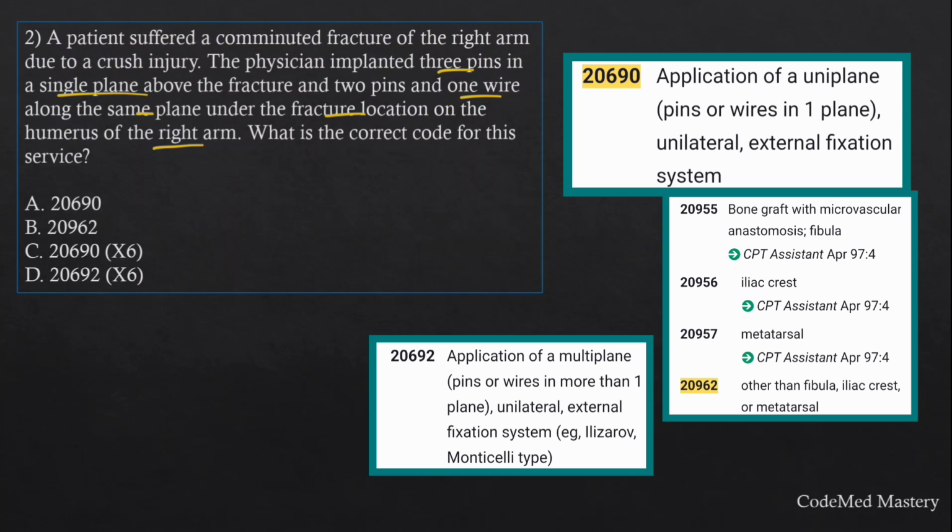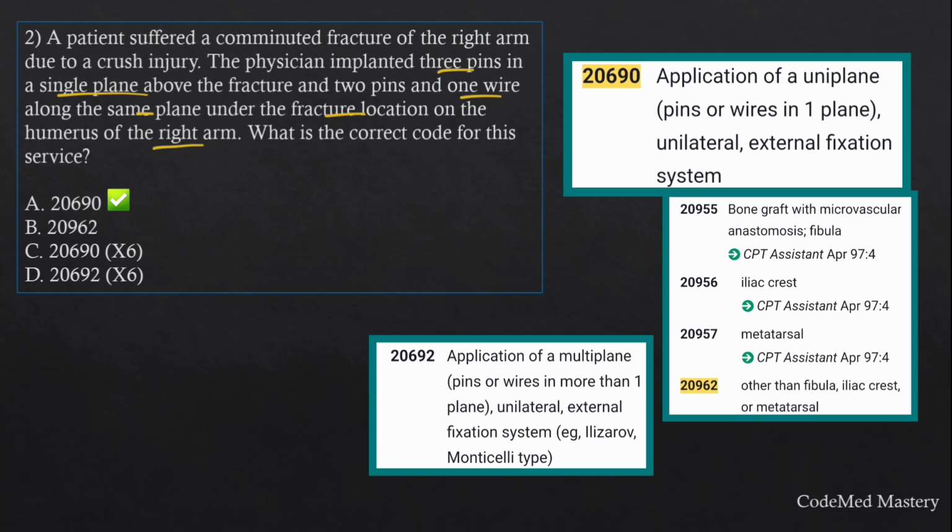Therefore, the right answer is option A 20690. Although in this case multiple pins were placed, the code description states that pins or wires in one plane. Therefore, it refers to multiple pins. We need not multiply the code 20690.